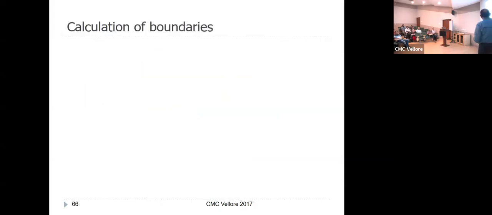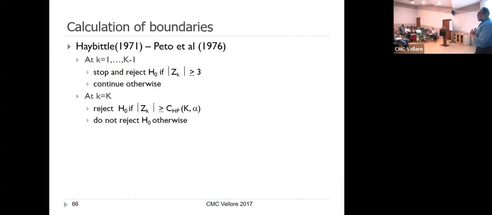Then comes Haybittle in the United States and Peto, that same Richard Peto in the UK, who say, we're going to make it very hard to stop early. Make it 3 up here. So at the end, we can use a much smaller one, hopefully closer to 1.96.